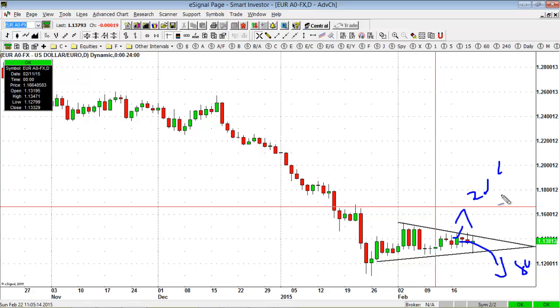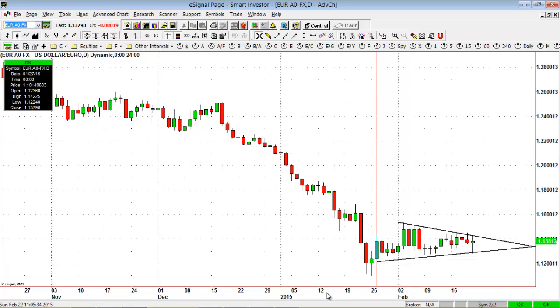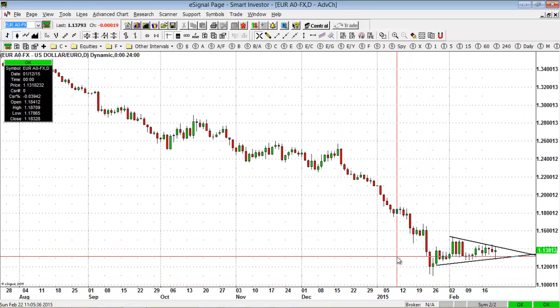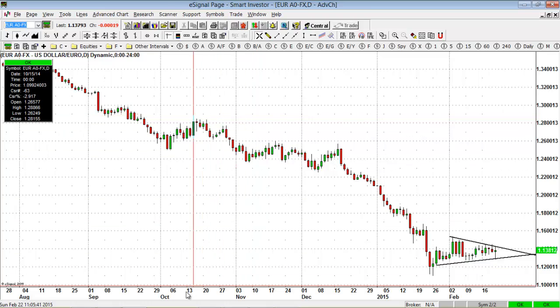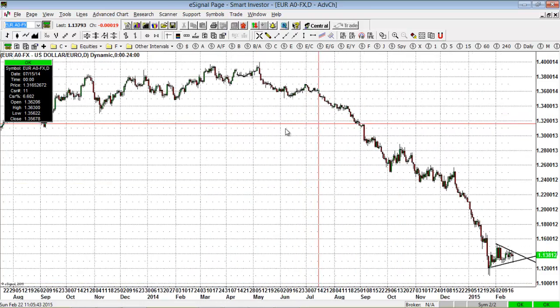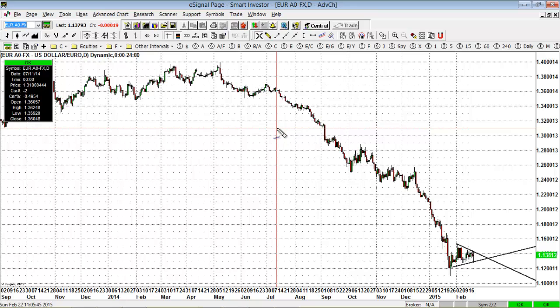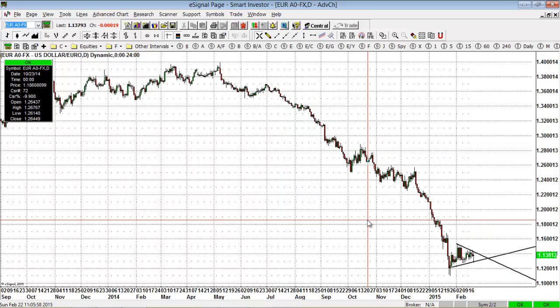Now, we are due for a rally in the euro, or the US dollar should be declining soon, because markets don't normally just continue in a huge trend forever without correcting. Normally the market will head down, correct, then continue to head down if it's going down. So it just doesn't normally go down and down forever. At some point, this market will correct.